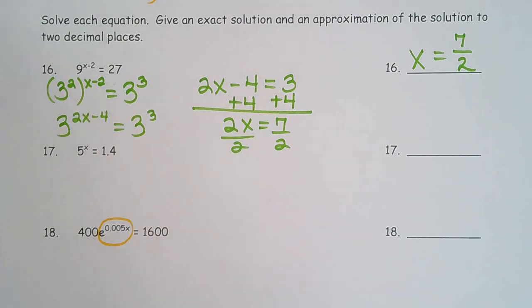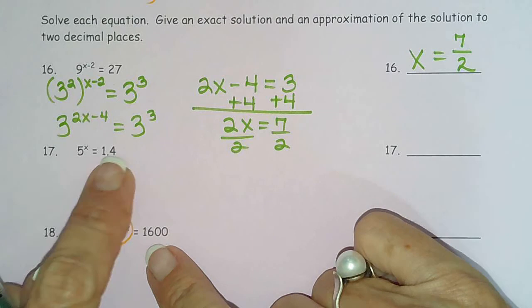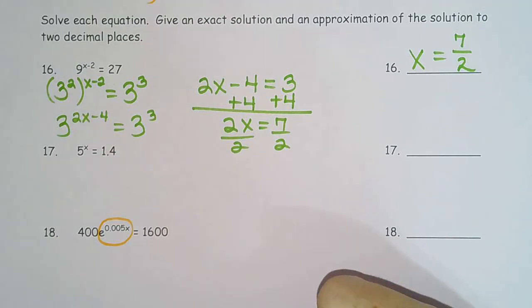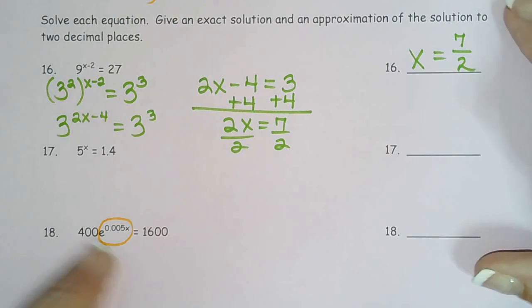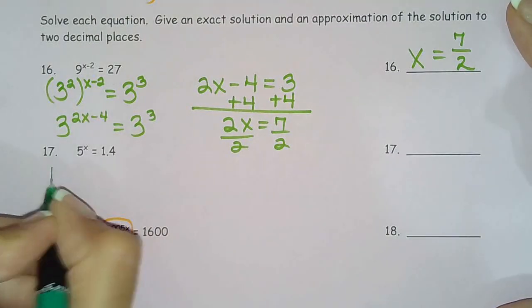Okay, on the next two, though, you should notice that we cannot make the bases the same. So when you can't make the bases the same, then you have to take the log of both sides. And we learned in 8.7b that if it doesn't have an e, you can just do regular log. If it does have an e, then you should do the natural log. So this one doesn't, so let's just do regular log.